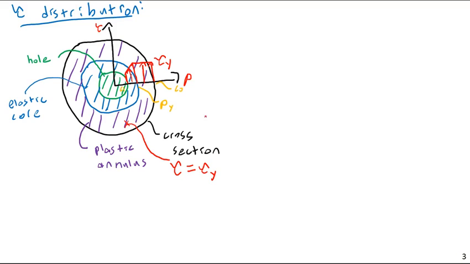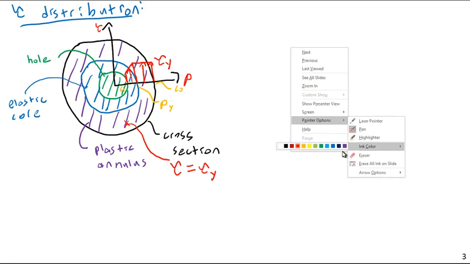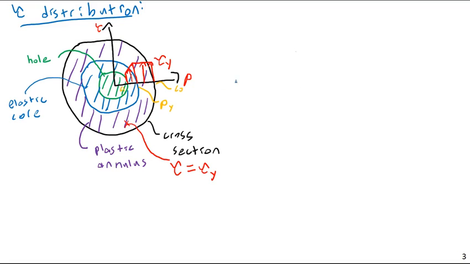But once we reach the yield stress, everything from that radius outward is simply going to be the yield stress. So clear as mud, right? So, in other words, to analyze this mathematically, we should ask, what torque produces this tau distribution?